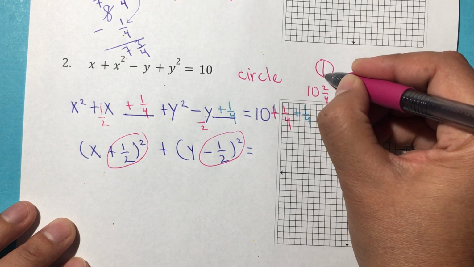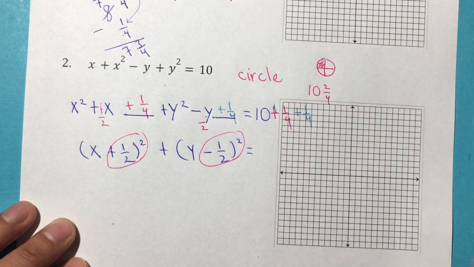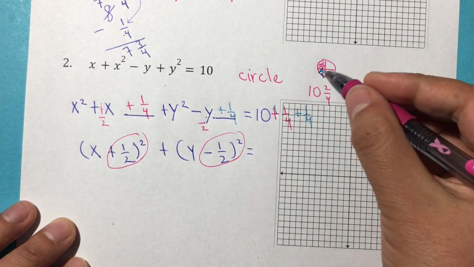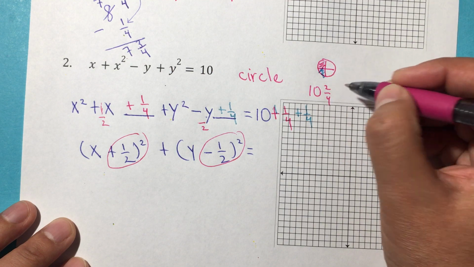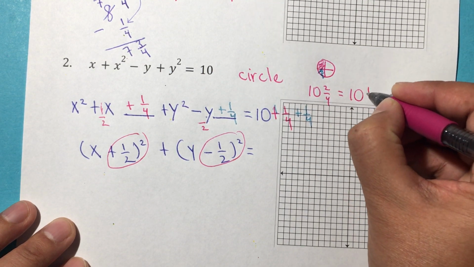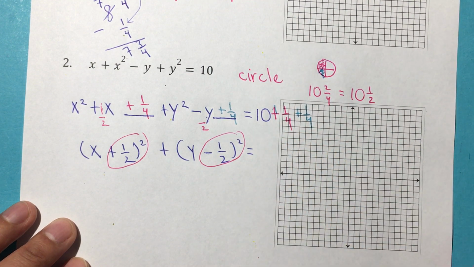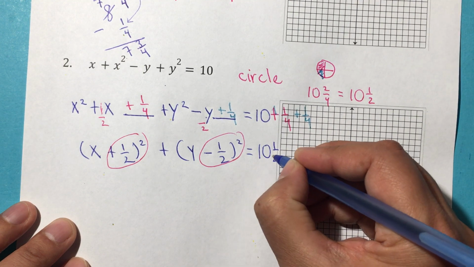If we're thinking of this as fourths, 1/4, that means 1. The other 1/4, that's the other part, which is 2/4, which is the same as 1/2, right? Of the whole circle, you have 1/2. Okay, so 10 and 1/2. So now that we know, we're going to write 10 and 1/2 in here.